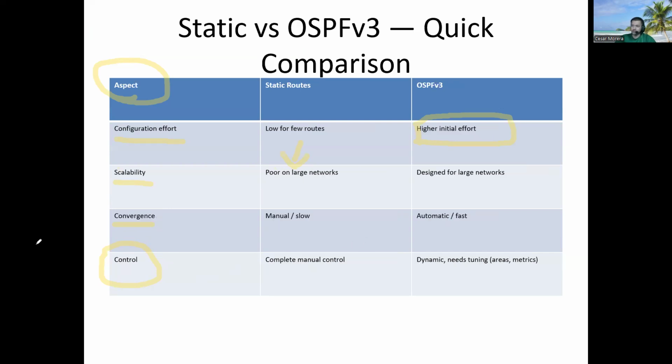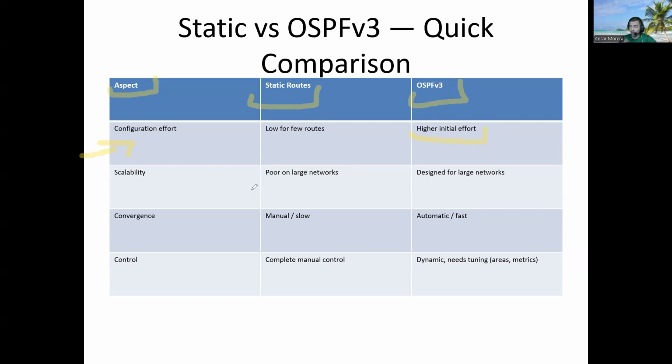Then let me clear the drawing for a moment and return to the green color. This is a static versus OSPFv3 quick comparison. We have the static routes and we have OSPFv3. For configuration effort, static routes are low for a few routes, and OSPFv3 is a higher initial effort.